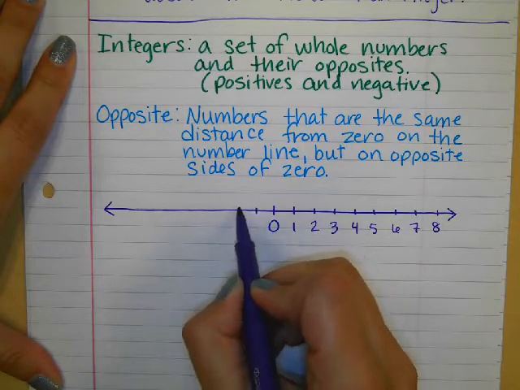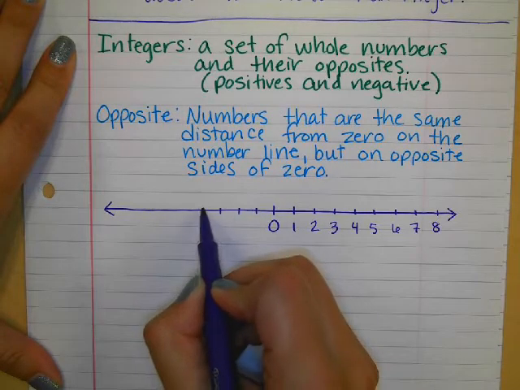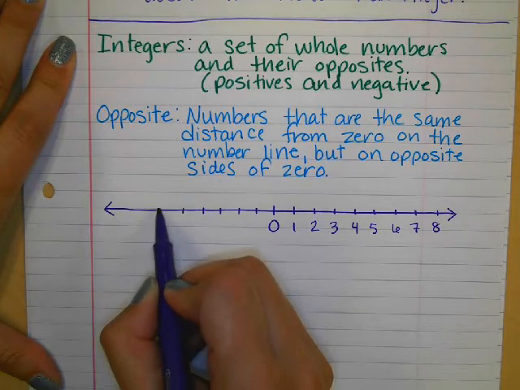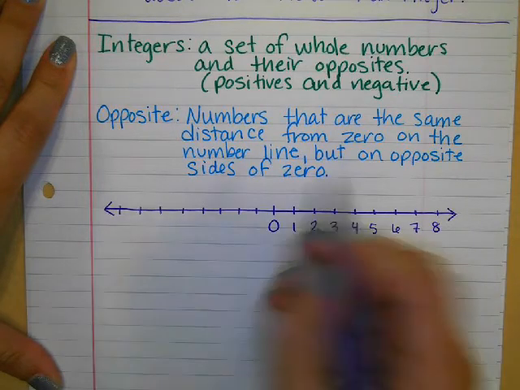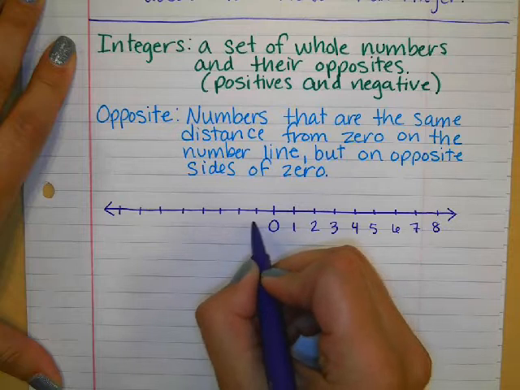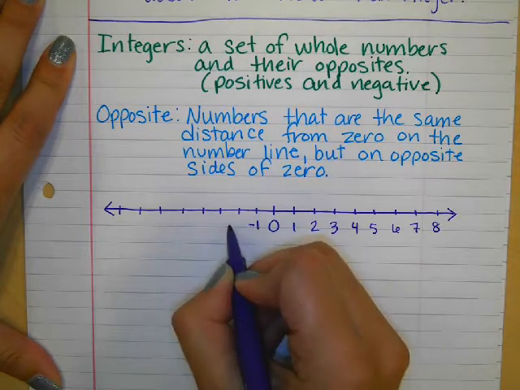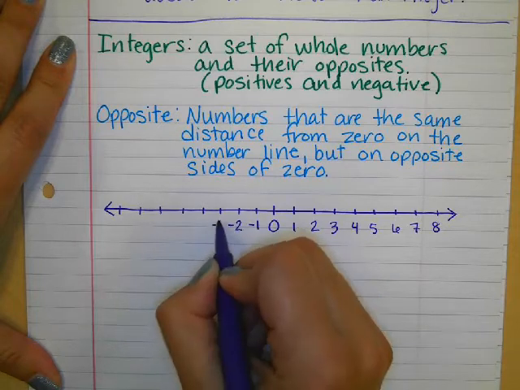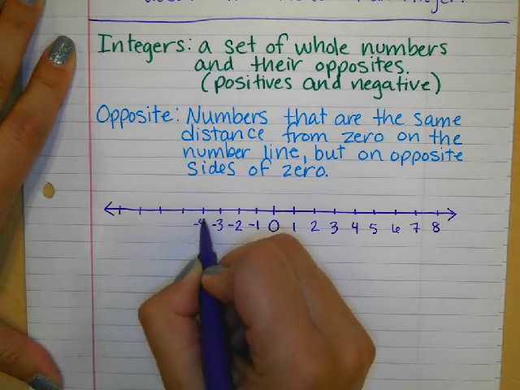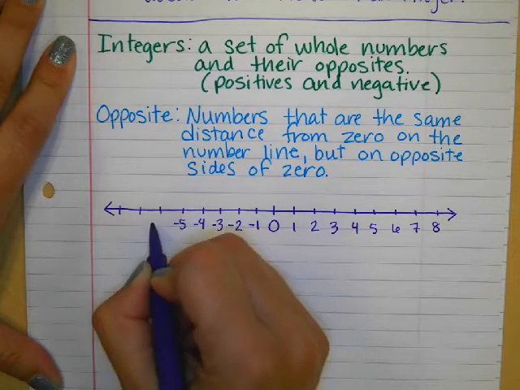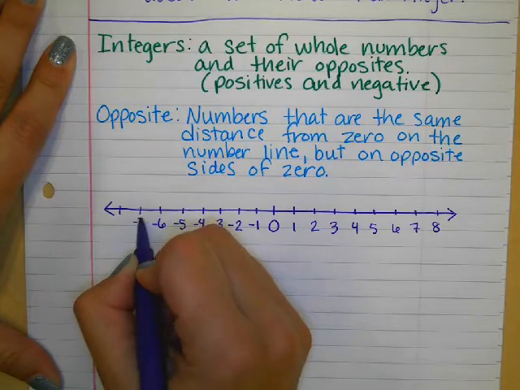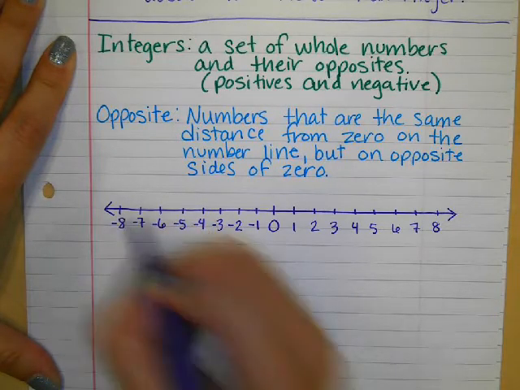So I'm going to evenly space my tick marks, and then label them. Going in the left-hand direction, this would be -1, -2, -3, -4, -5, -6, -7, and -8.